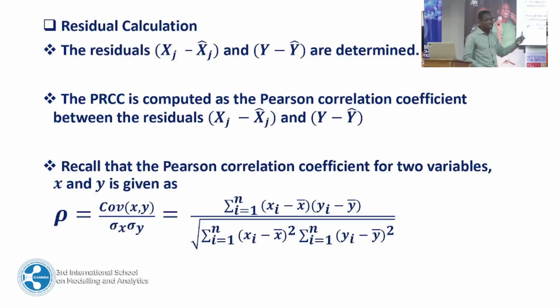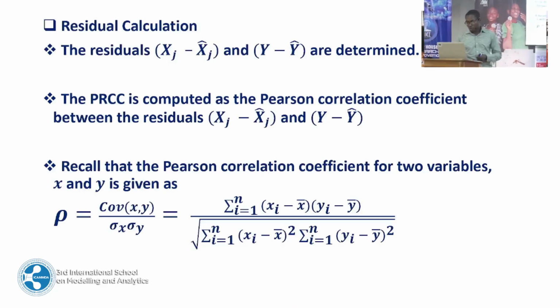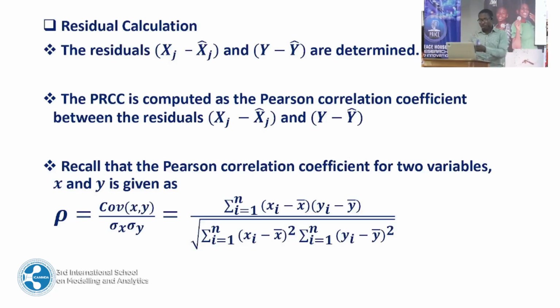You subtract, you get the residuals, and do the same for the output model. And then you now compute the correlation coefficient using this formula, the covariance of X and Y over what? Standard deviation of X multiplied by the standard deviation for Y. And so that's how it is done.